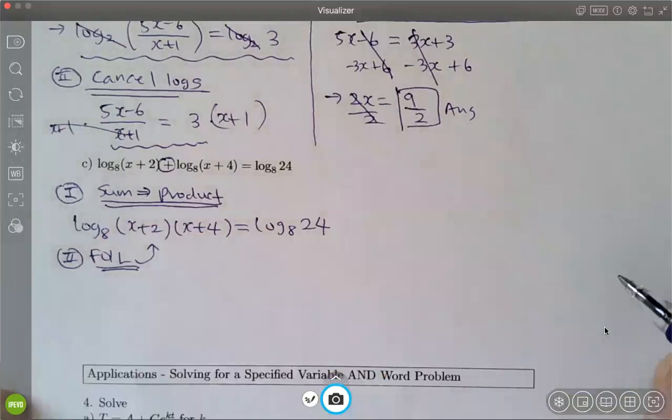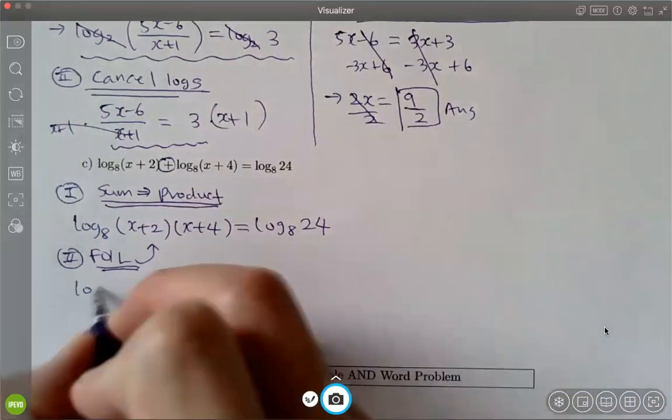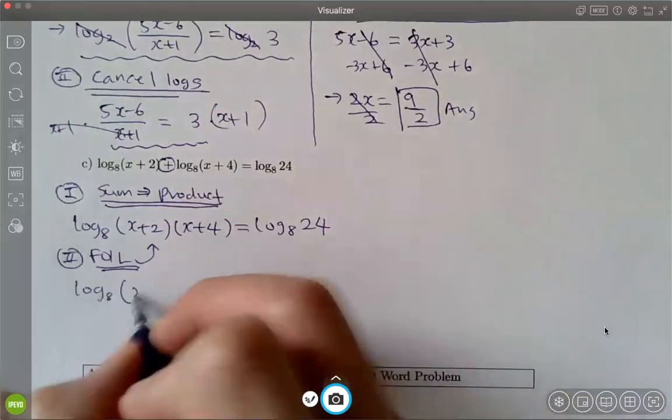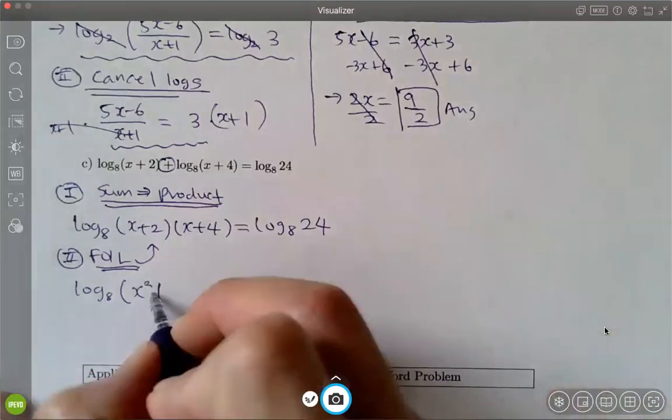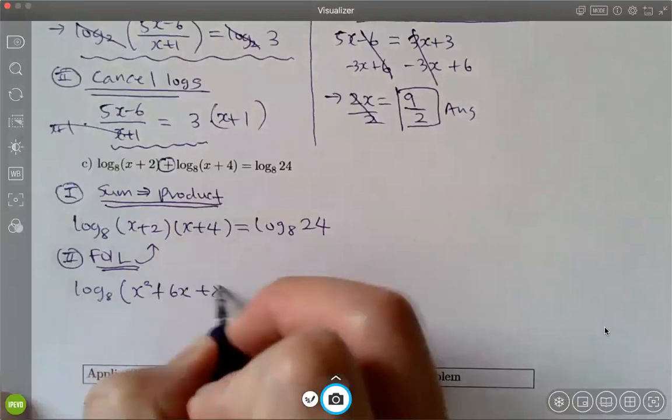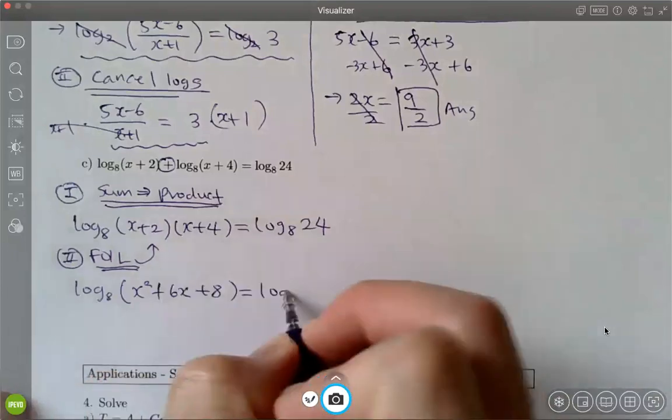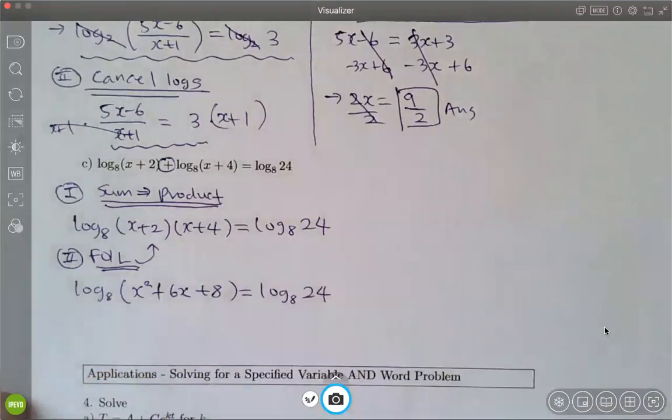So what do we get? Log base 8 of x squared plus 4x plus 2x, so that means plus 6x and then plus 8, and then log base 8 of 24.